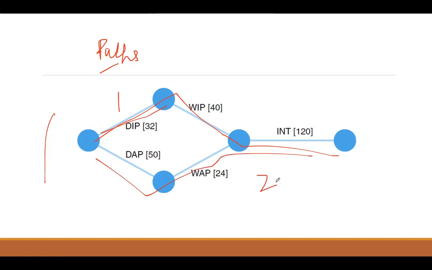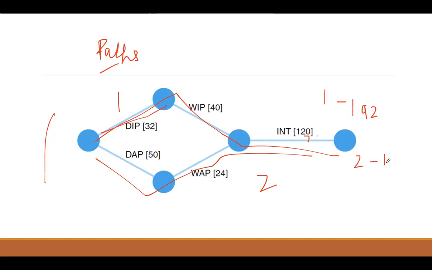So what you have to do in a very simple way to calculate the critical path is find out the duration of the different paths which are being traversed. For example, 32 plus 40 would be 72, and 120 it would be 192, right? So this is your path 1 duration. Then you have path 2, it is 74 and 194.